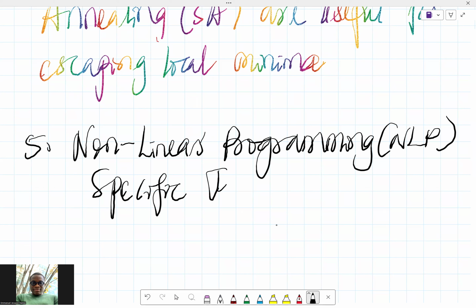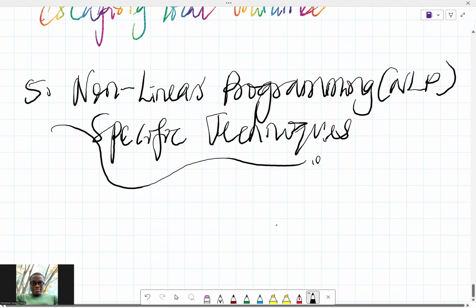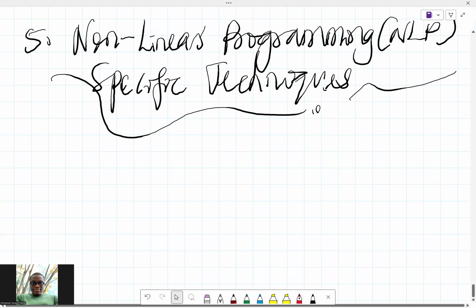There are other methods you can use for both linear and nonlinear programming, but the methods we want to mention here are basically for nonlinear programming.